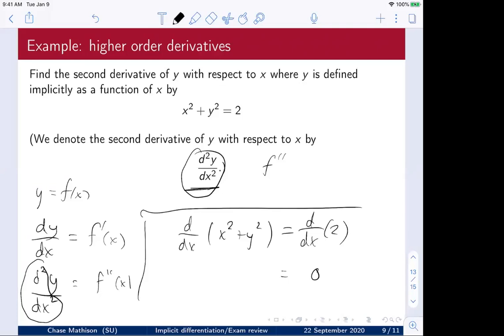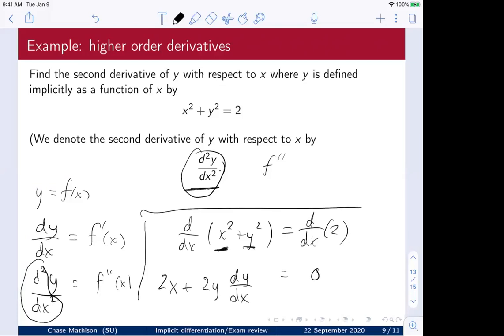Well, what's the derivative of x squared with respect to x? 2x. Plus, what's the derivative of y squared with respect to x? Perfect. 2y dy/dx. Again, that's just the chain rule, because y is a function of x implicitly.